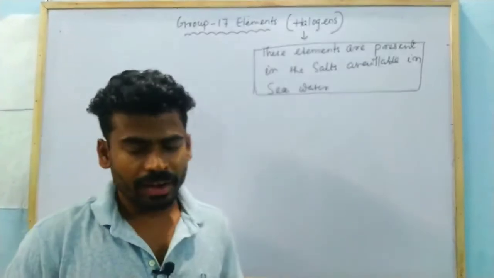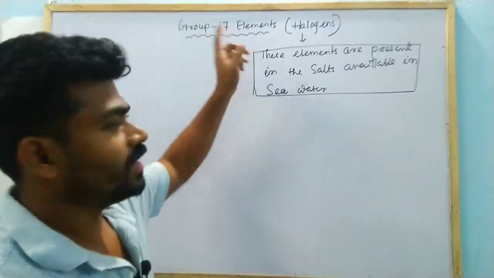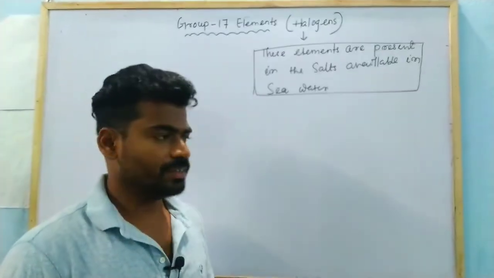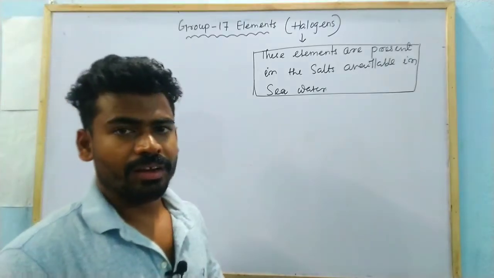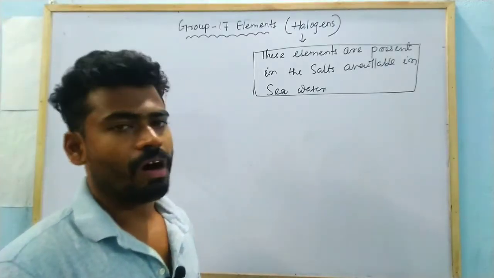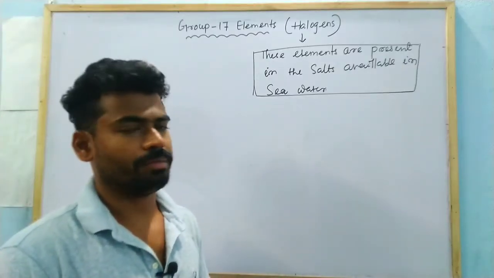Okay, and as I have mentioned group 17 elements, that means these elements are present in group number 17 of the p block of the long form periodic table.